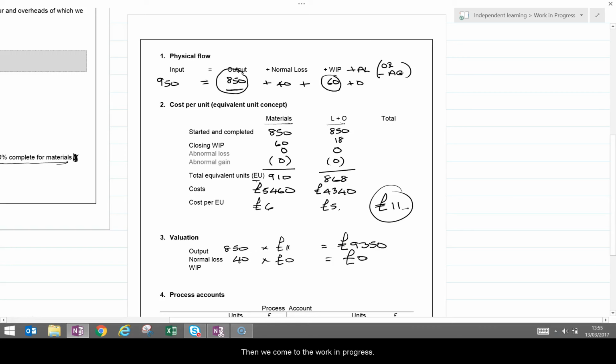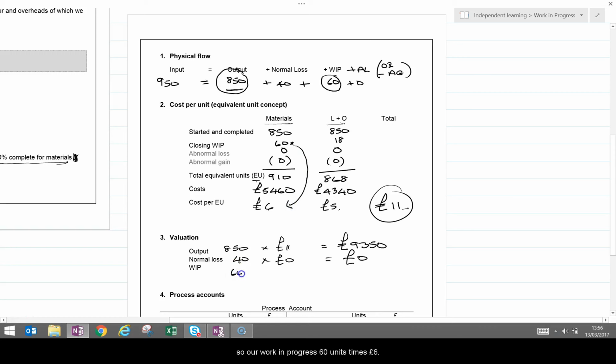And then we come to the work in progress. Now, work in progress, it's 60 units, but those 60 units are 100% complete for material and 30% complete for labour and overheads. So we have to value our work in progress in two parts. If we look at our material column, we have 60 units of work in progress, and the cost per unit of the material is £6.